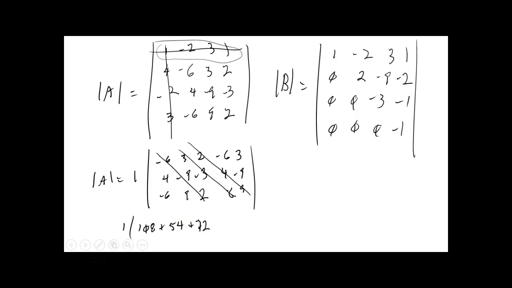Now we do our up diagonals, which are negative. Well, that's 54 times 2 is 108, but it's a minus, so it's minus 108. Next up diagonal is going to be a minus, and that's going to be 54 times 3.